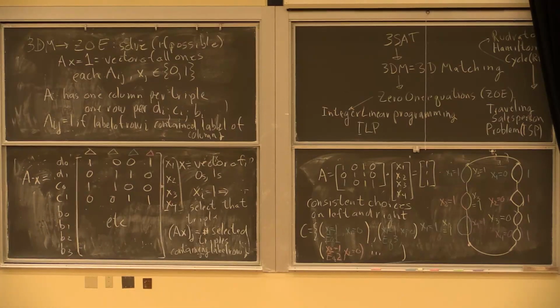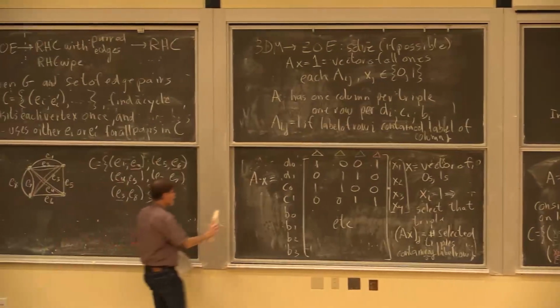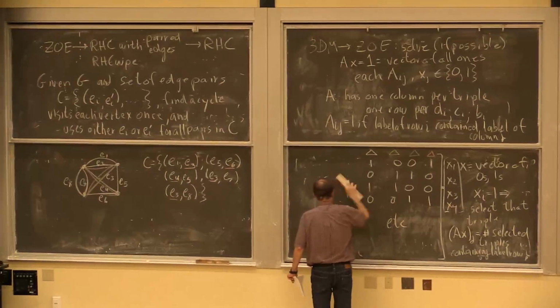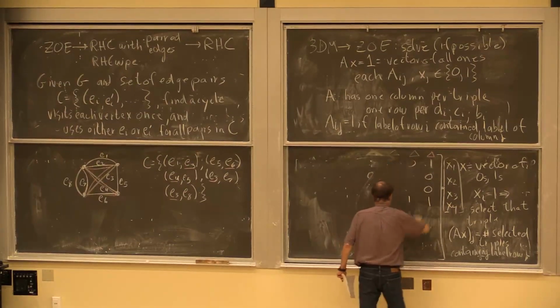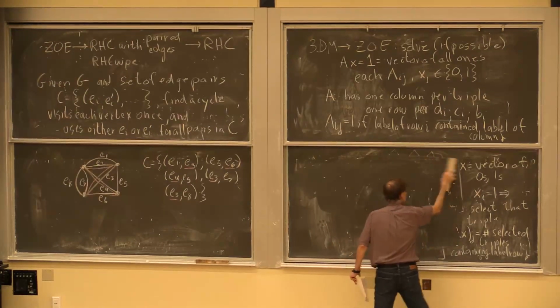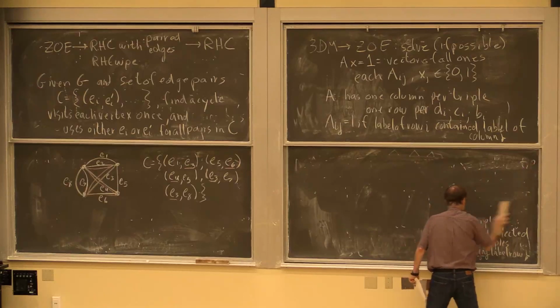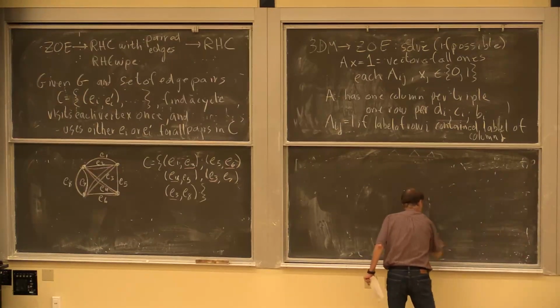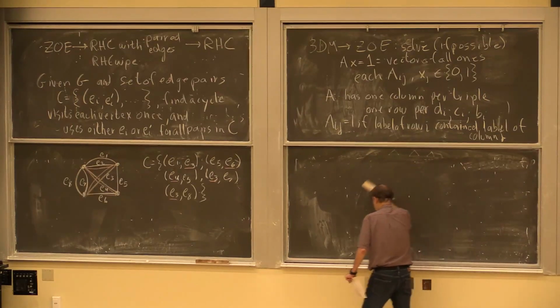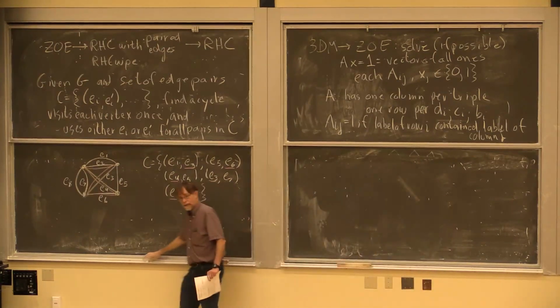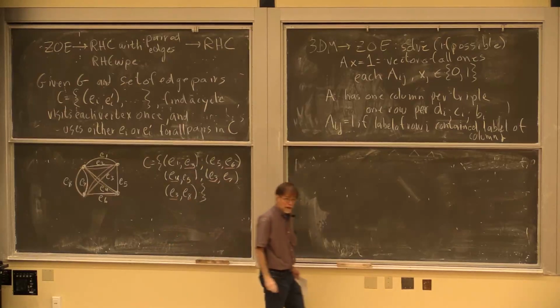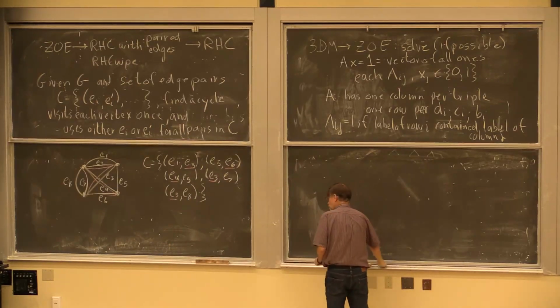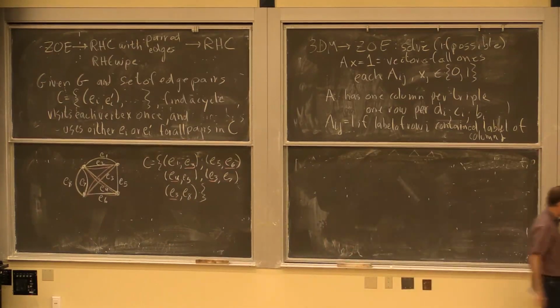Okay, and the last thing is going to be Hamiltonian cycle. Which is, is there a cycle that visits every vertex exactly once? So the question is, how do I embed that problem into this pairs problem?